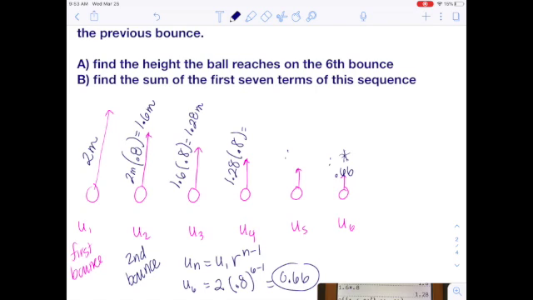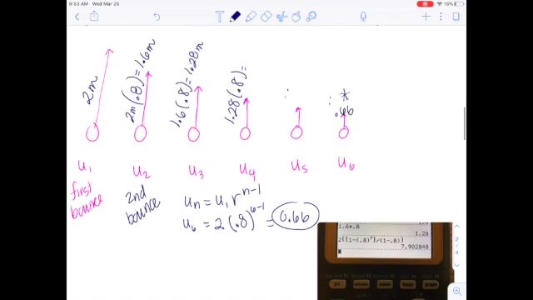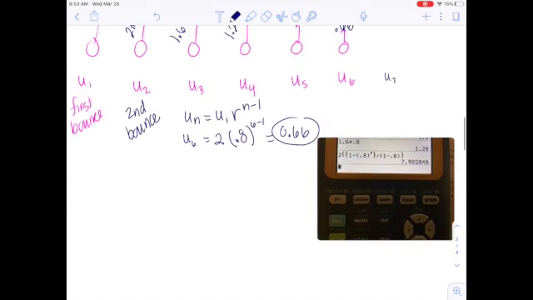But it also asks to find the sum of the first 7 terms of this sequence. We're going to use our sum formula to calculate the sum up until U sub 7. So ignore that calculator for now.